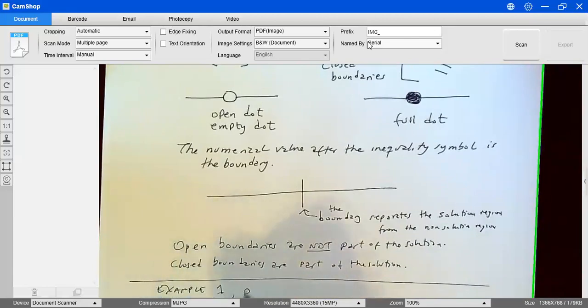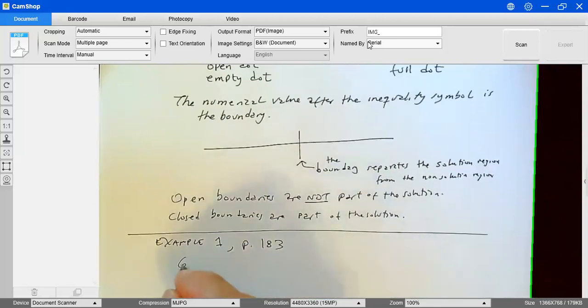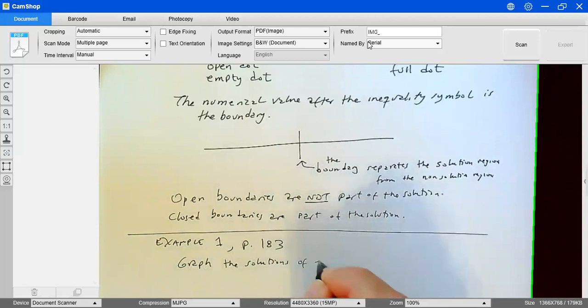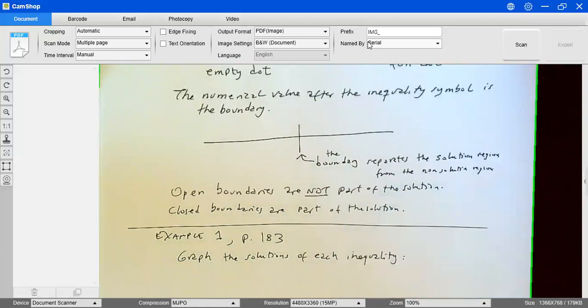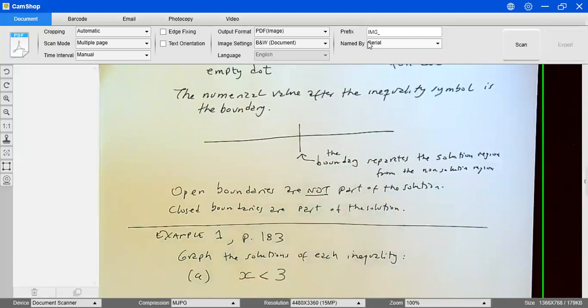1 on page 183. We're going to graph the solutions of each inequality. We're going to start with the first one. The first one is x is less than 3.